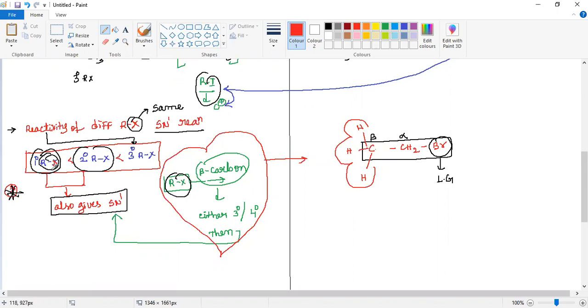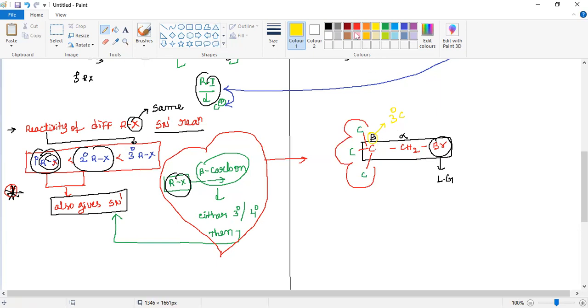So tertiary means what I said: this carbon is going to be attached with three more carbons. That simply means we remove these three hydrogens and just attach the three more carbons. Now this beta carbon is a tertiary carbon, isn't it?